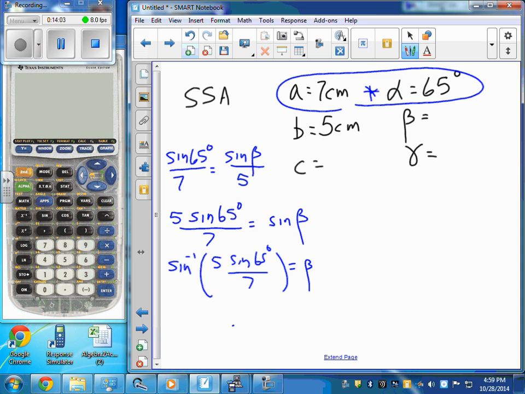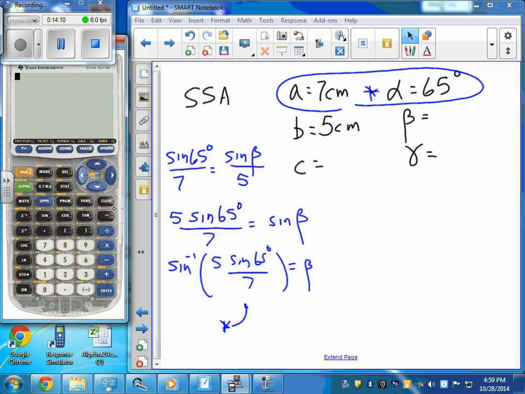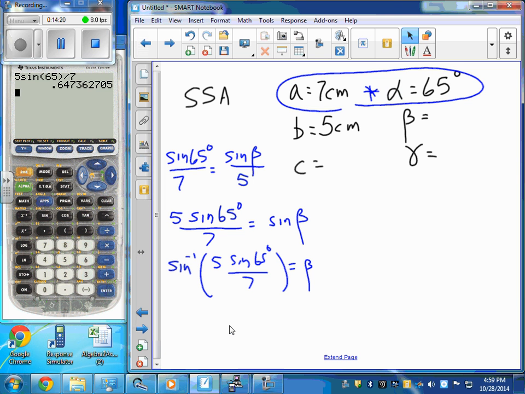Before I jump on my calculator, let me just get a quick approximation for that. 5 times the sine of 65 divided by 7. That number's about 0.64. So there should be no trouble here. This is not going to be an impossible triangle.